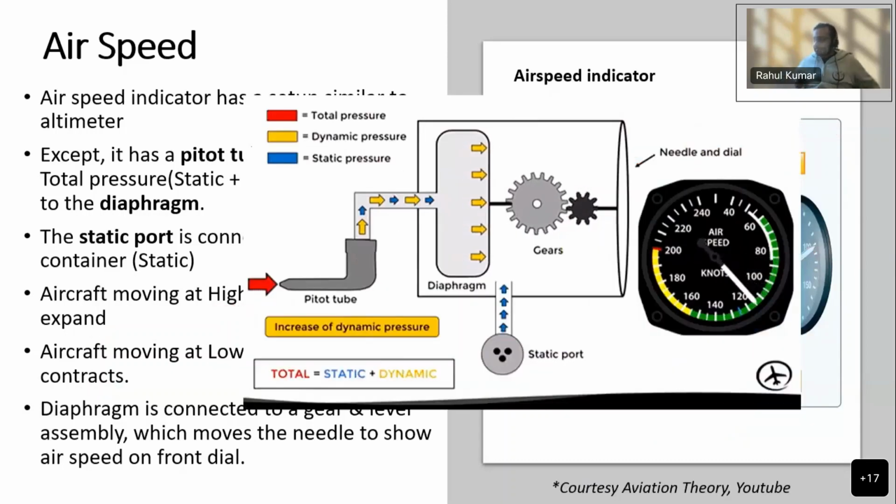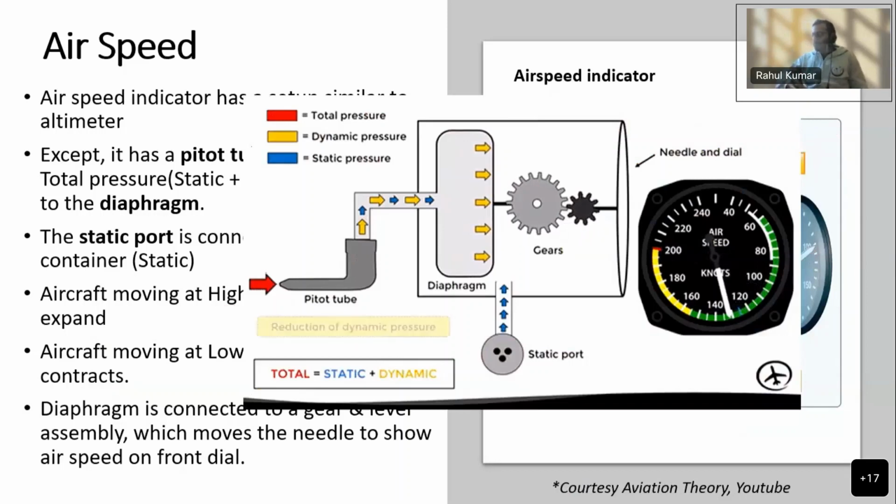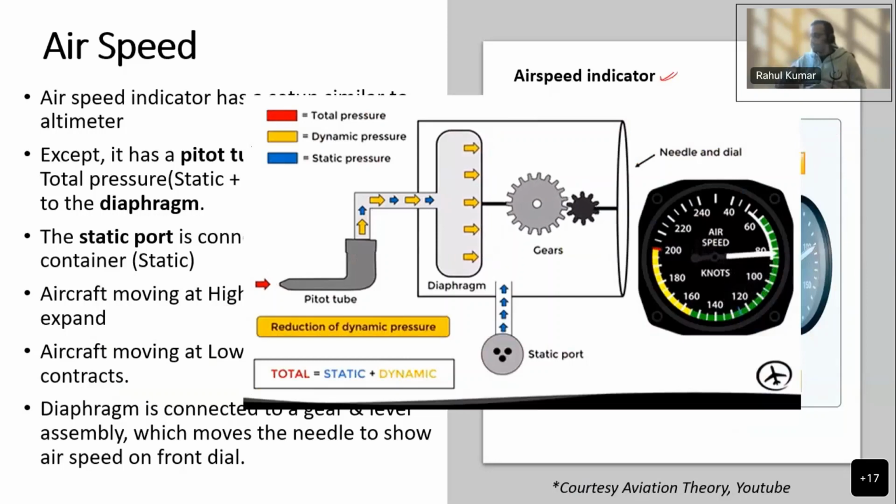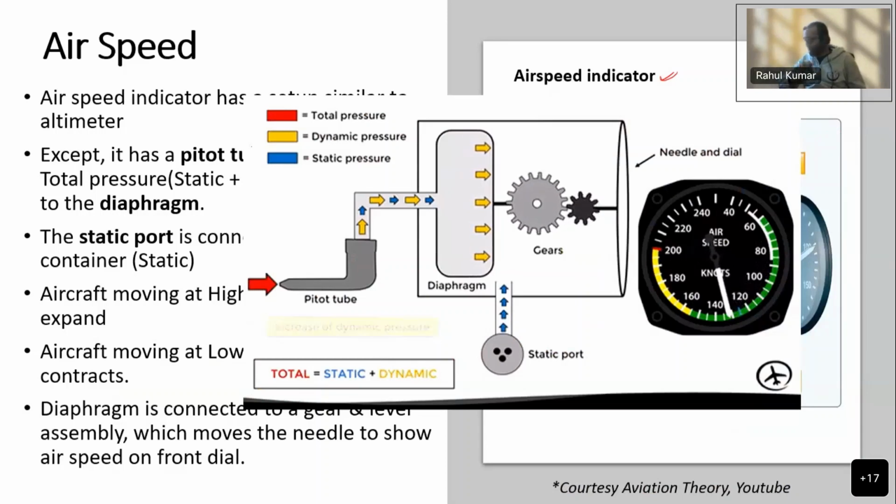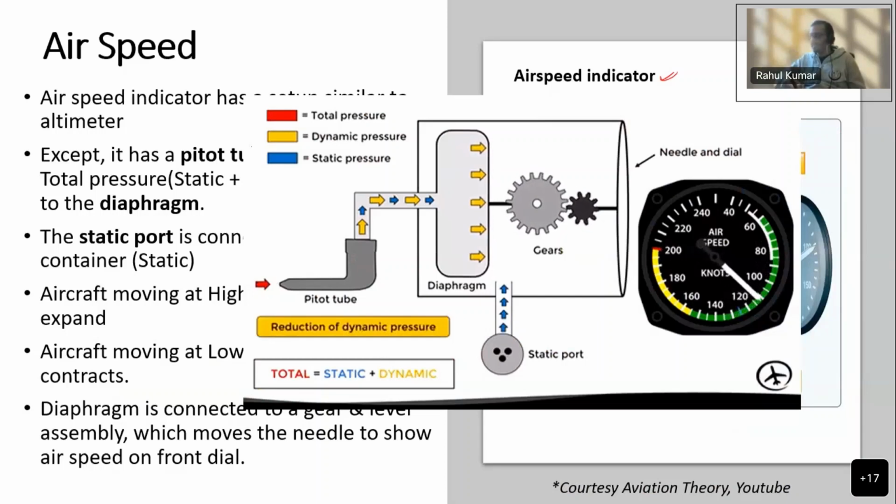Again, I have an animation here. This is the animation for the airspeed indicator. Inside the diaphragm, you have total pressure, that is dynamic plus static pressure, and outside you have only the static pressure, from the static port or from the fuselage.